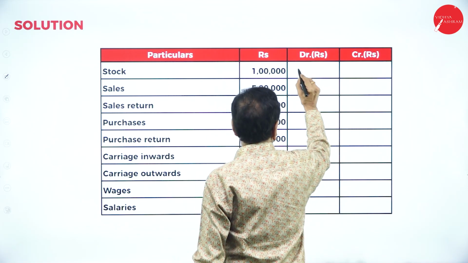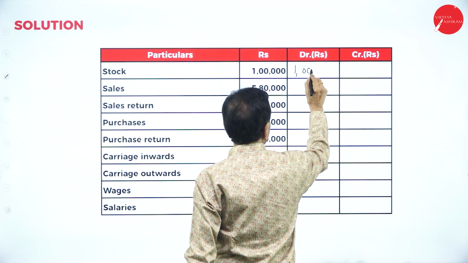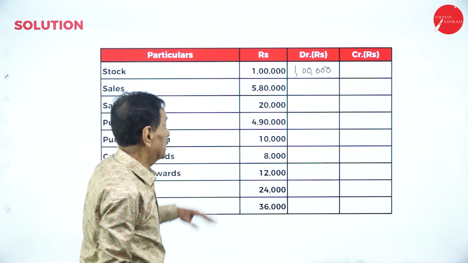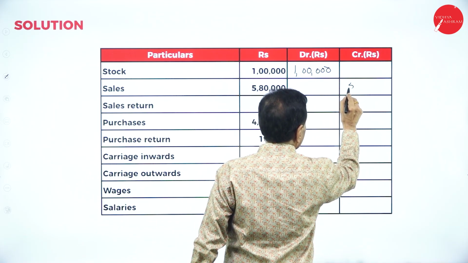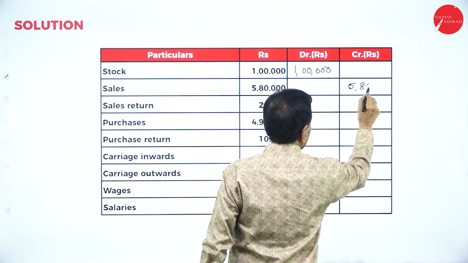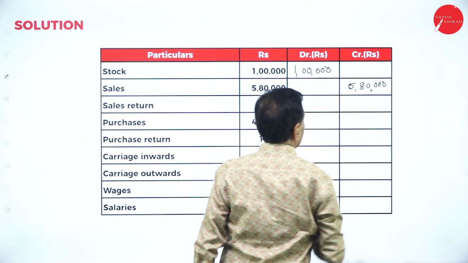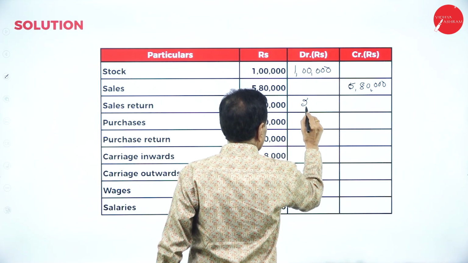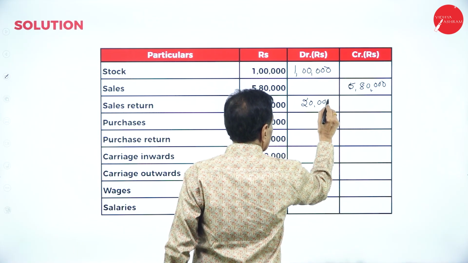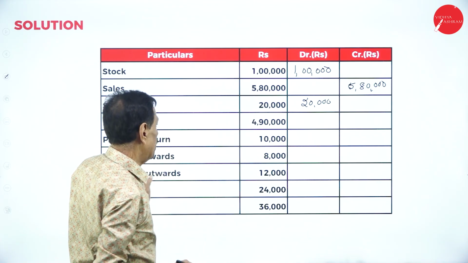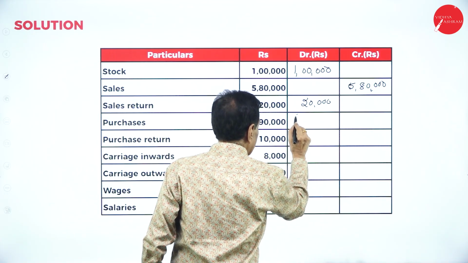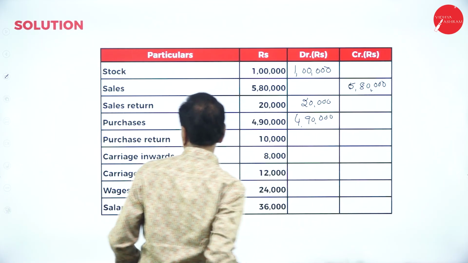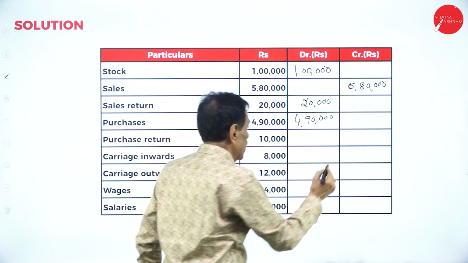Stock, debit side, asset. Sales, credit side. Then sales return, debit side. Purchases, debit side. Purchases return, credit side.